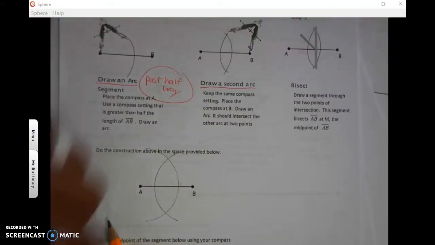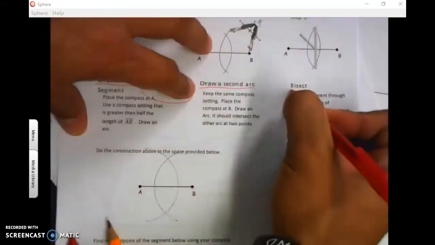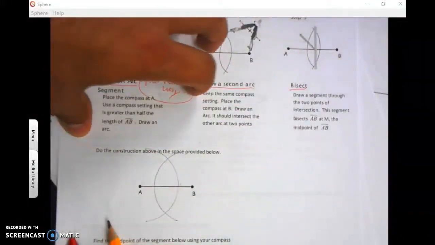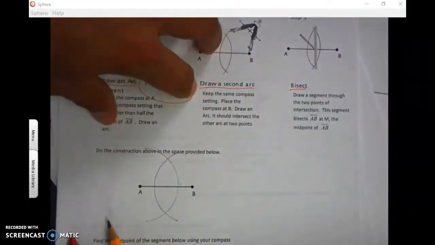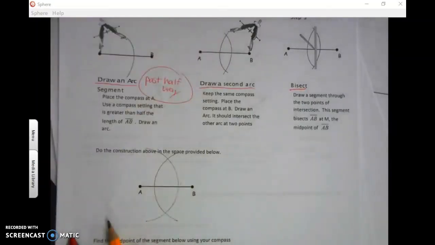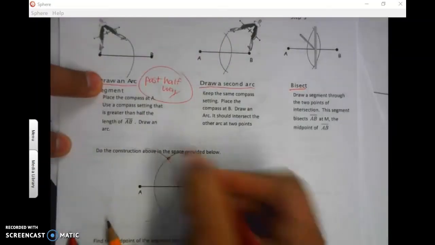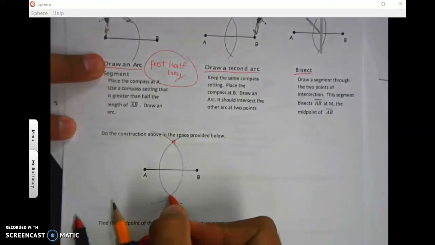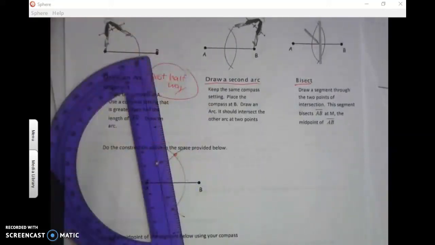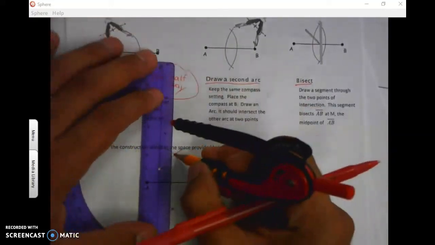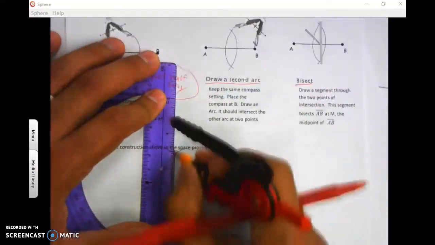So the third step says to bisect, and this part's not too hard. All you're going to do is, does everyone see this intersection right here and the intersection right here? Take your straight edge and connect them with a segment.